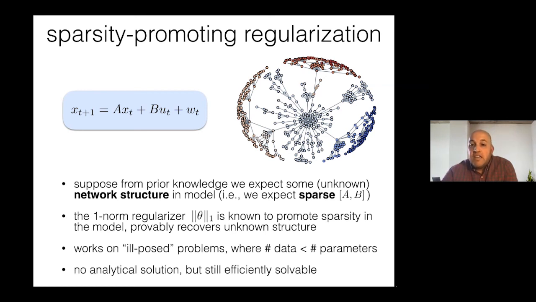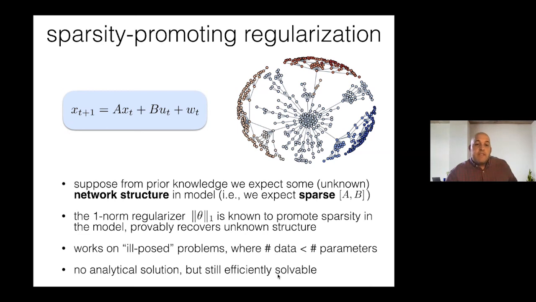In other words, we expect that the matrices A and B are going to be sparse, in the sense that many of their entries are going to be 0 and a few of them are going to be non-zero, representing the interconnections between the nodes in the network.